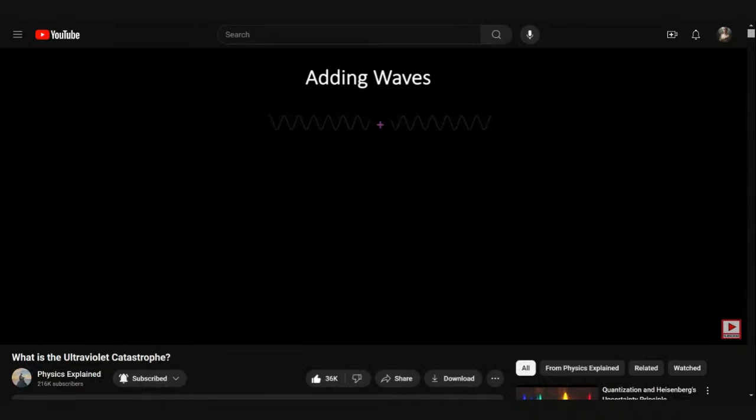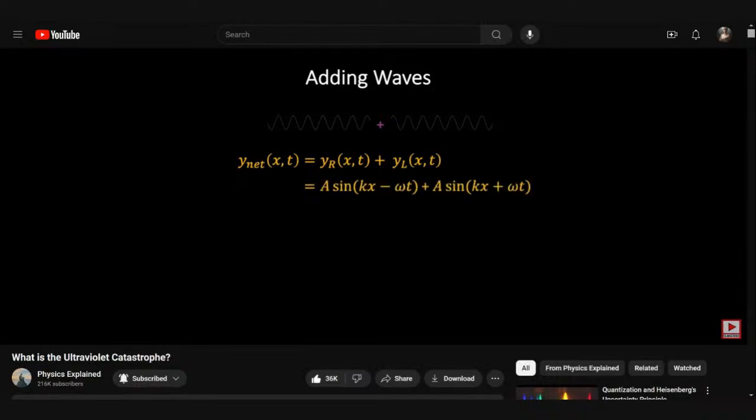Well, in that case we would refer to the principle of superposition, which states that the net displacement at a location in space is simply the sum of the individual displacements at that point. So if we wanted to find the net displacement due to our right moving wave and left moving wave passing through the same point in space, we simply add the individual displacements.